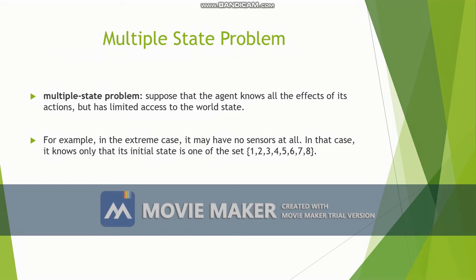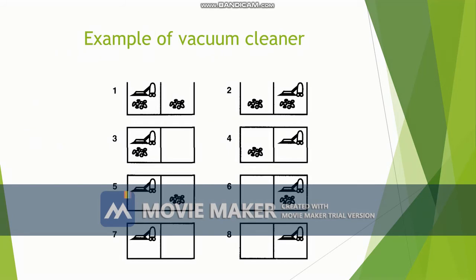Now I will explain it with the help of one example. Let us take the same example that we took for single state problem. Consider that we know the scenario that dirt may be present in any one of the rooms, and the vacuum cleaner may be present in any one of the rooms. The dirt may be present or may not be present, or it may be present in both or one of the rooms. We know that the goal states are 7 and 8, but we don't have any information about the current state.